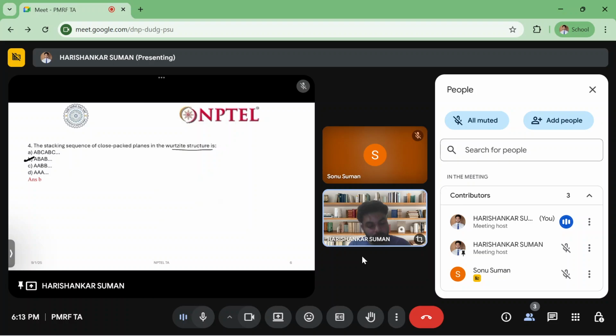Next question. The difference between the zinc blende and the wurtzite structure of ZnS is: coordination number of the atom, bond type, stacking of the layers, or presence of interstitial sites? Zinc blende and wurtzite structure of ZnS, what is the difference?